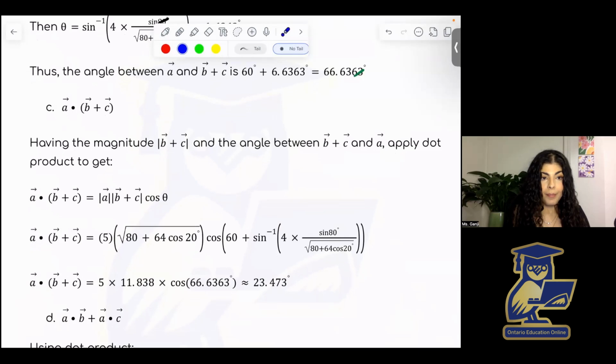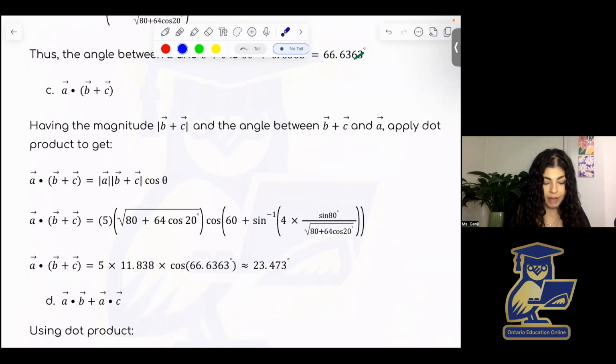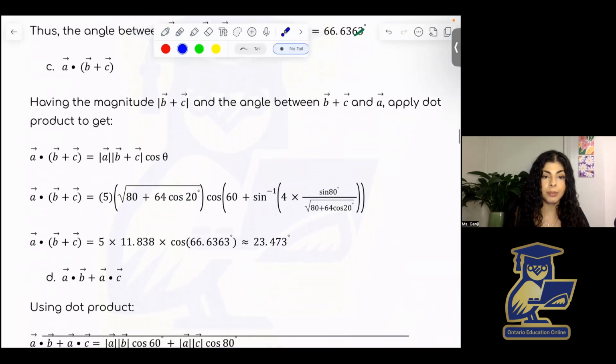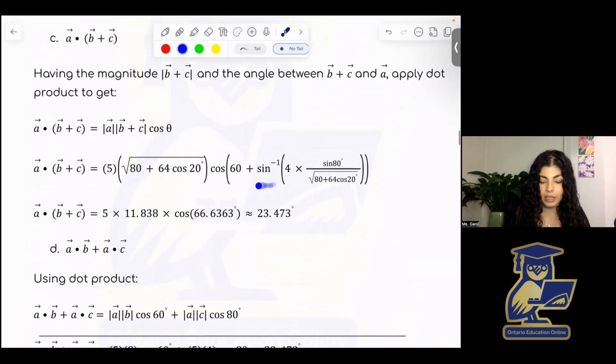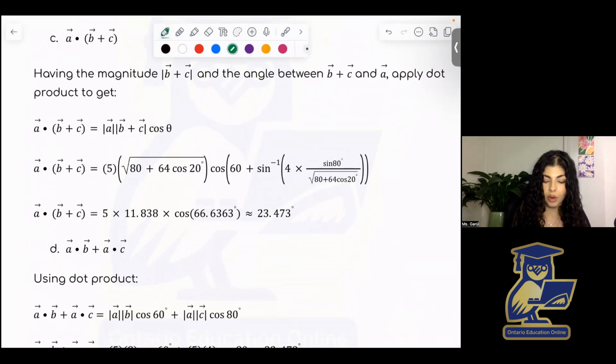Now, here we have magnitude of A, which is 5, the magnitude of B plus C. Again, I'm using the exact value just to get a more precise answer, but here I've shown you with approximate values as well. And now this angle, which was, you can just go with, at this point, 66.63 degrees.